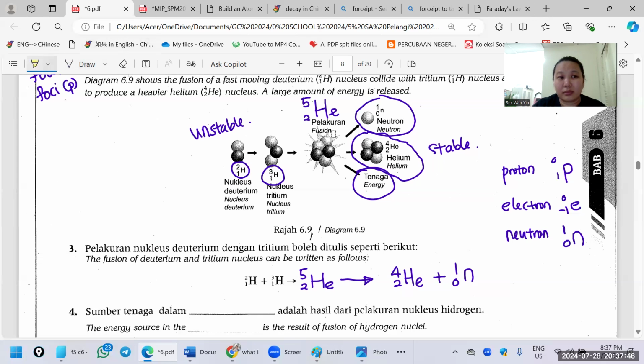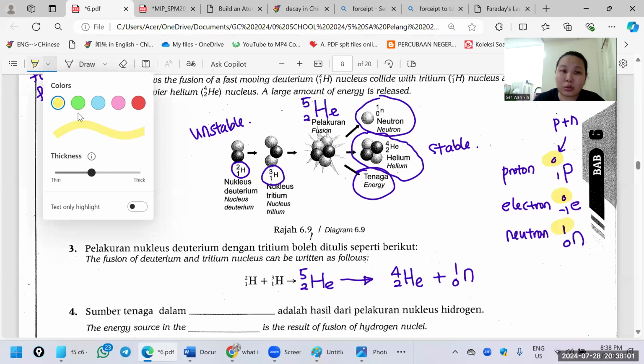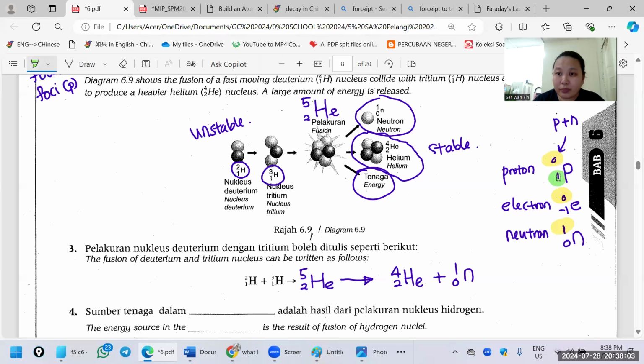One more time: up here is the number of protons and neutrons, down here is the proton number. So see, only proton has 1, electron is negative, neutron has no proton.